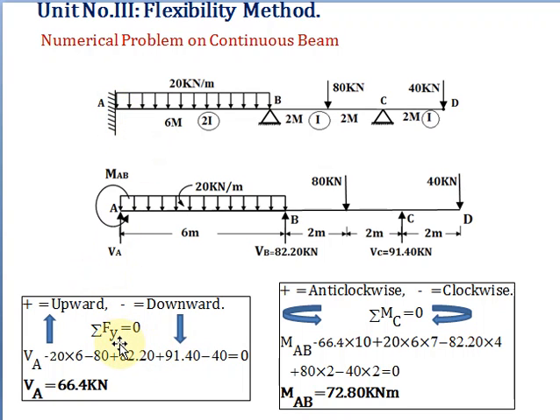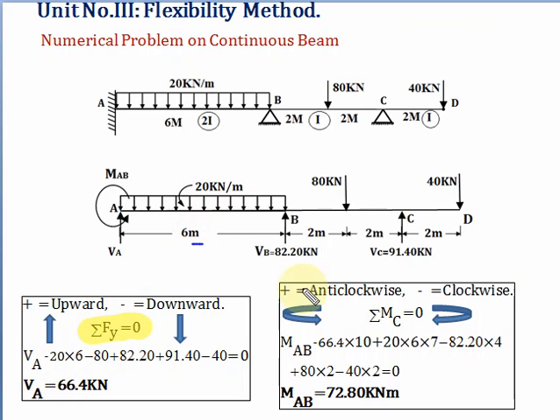Now considering the equilibrium equation, summation Fy equal to 0, with upward reaction as positive and downward as negative. Here V is acting upward, so positive. This UDL is acting downward, so minus 20 into 6.